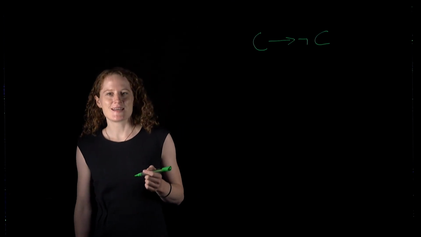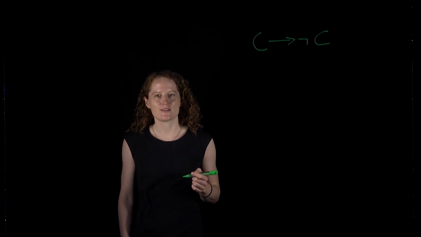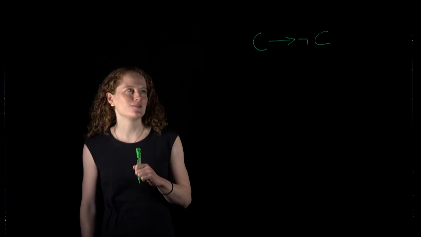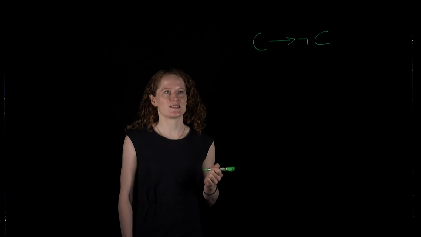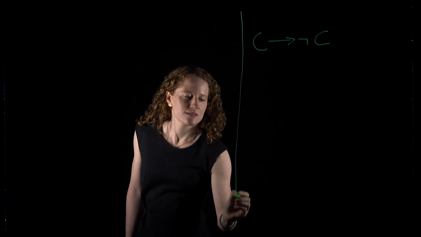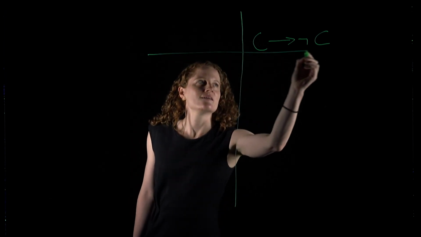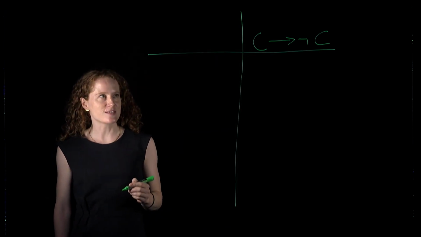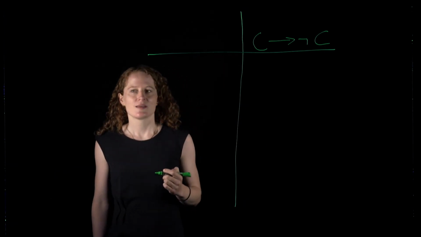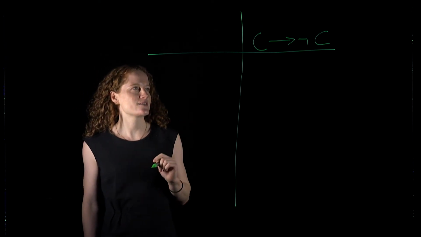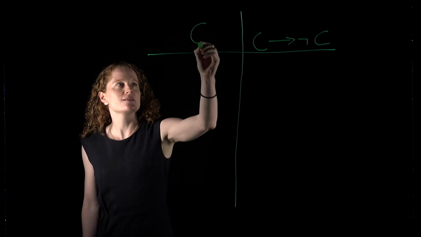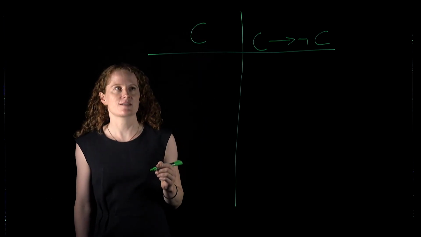Let's look at a few examples to see how we may construct truth tables for more complex sentences. Here's our first example. If C, then not C. I'm going to start to construct my truth table simply by dividing the assessment column from the reference column. The reference column is on the left, the assessment column is on the right. And you can see that this sentence contains just one atomic sentence, namely C. And I'm going to put this sentence at the top of my reference column.